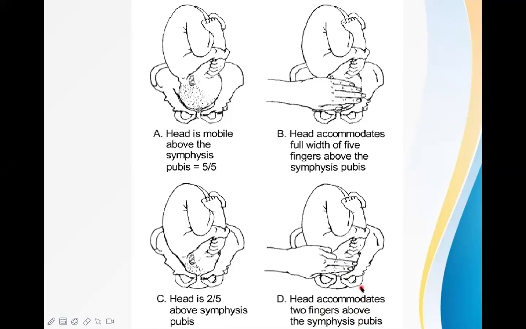That's why it is 2 by 5. If only 1 finger is accommodated here, this is 1 by 5. If none, if the fetal head has completely gone into the pelvic cavity, it is 0 by 5. If all 5 fingers are accommodated, 5 by 5 means it has not entered at all. So this is very, very important practical knowledge about descent.